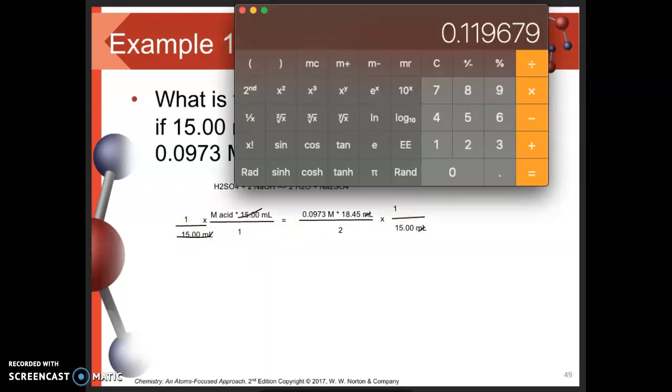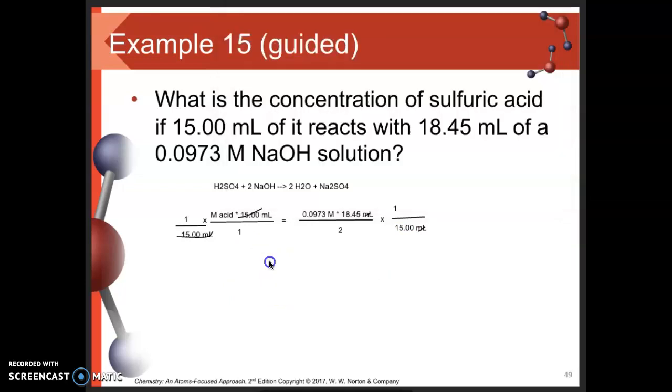The answer here: 0.0973 times 18.45 divided by 2 divided by 15. I get the molarity of the acid at 0.598 molar.